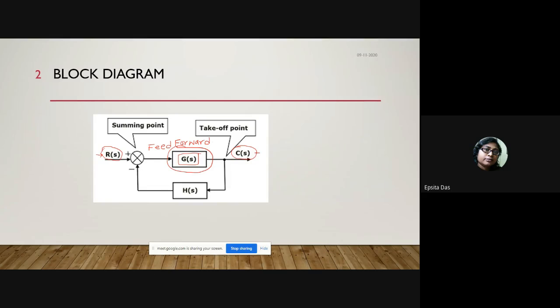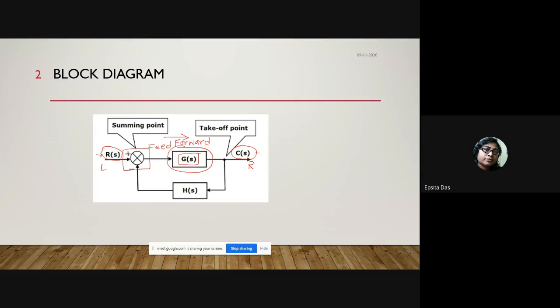Always remember, the signal in the feed forward path goes from left hand side to right hand side. Here two signals are coming, and where two signals meet, they should have an algebraic operation, either plus or minus.